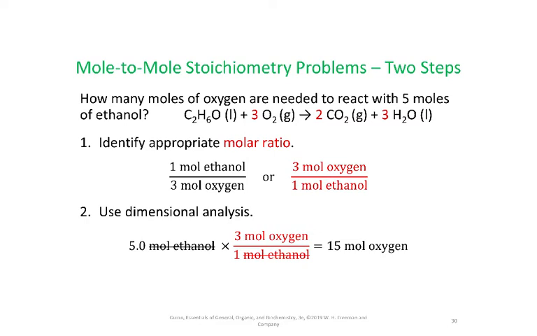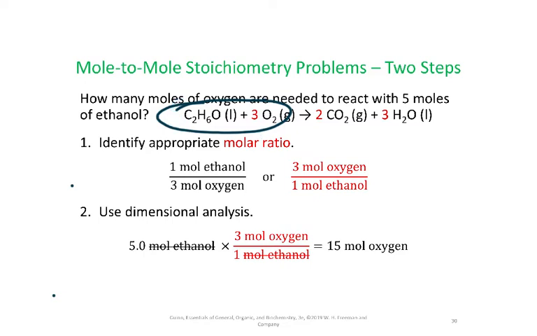So let's say the question is, how many moles of oxygen are needed to react with 5 moles of ethanol, right? And so it's a 1 to 3 ratio based on the balanced equation. But we don't have 1 or 3, we have 5 moles of ethanol. So if we put a 5 here, what needs to go here? That's the question, right?